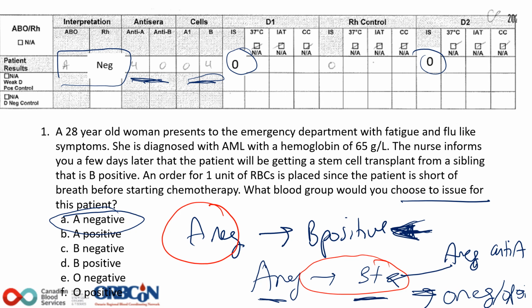However, for most institutions, it'll be A neg because you stick to the blood group, and then when the switch happens, so let's say transplant happens here, you then switch over to O negative or O positive, depending on your institution. But for this particular answer, again, it's A negative.